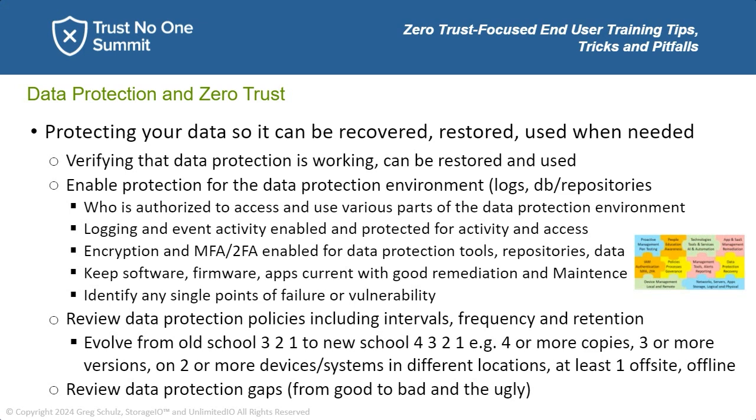It could be offline, off-site. It could be offline in the cloud. It could be on a different medium. It could be on disk. It could be on solid state. It could be on tape, whatever your preferences are. But it's around that whole idea of just adding another layer, another dimension, another aspect.